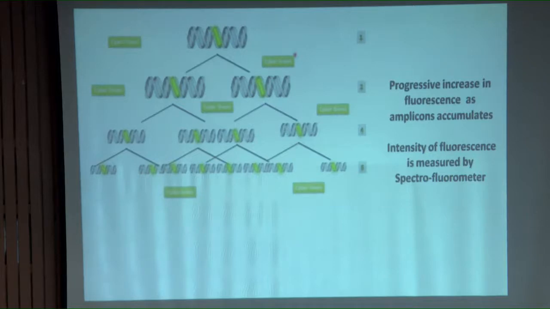So the graph or the rising curve is an indication of something is going on in the tube. Whether you ever realized why the graph is increasing, what is contributing to the rising graph? Anybody? Pardon? It is a fluorescence.